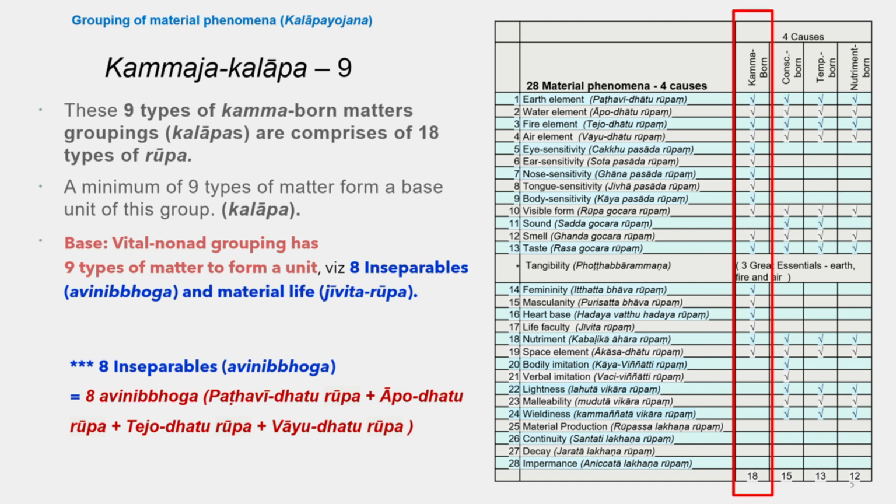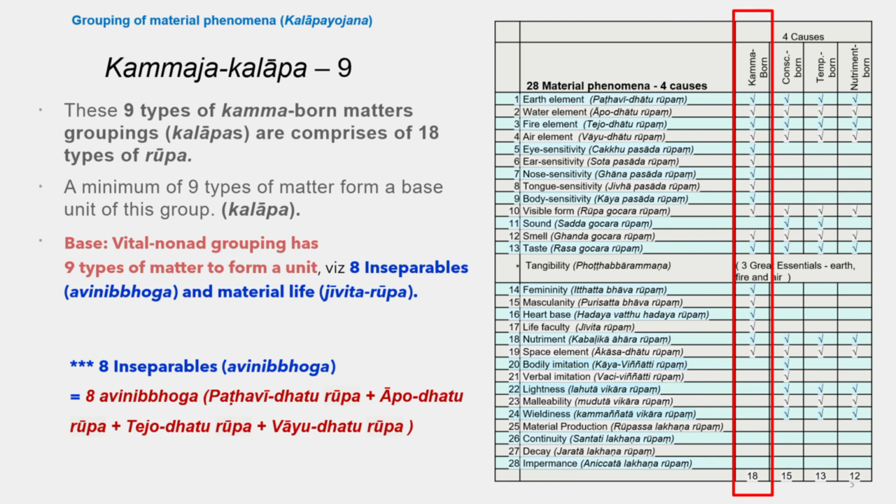In the nine Kammaja Kalapas, the Kamma-born material phenomena are 18. A minimum of nine types of material phenomena form a unit of this group. How do you get nine? Remember all these are eight inseparables: the four essentials plus the four other derivatives.